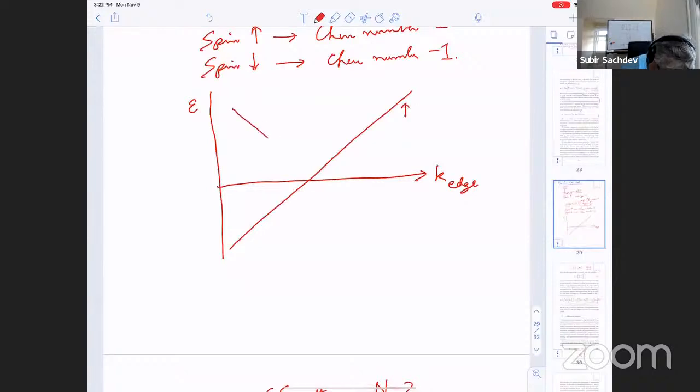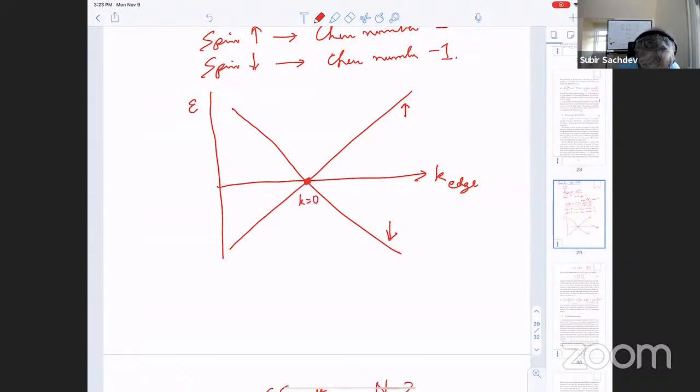And the down spin electrons have a dispersion this way, moving to the left. And all I'm saying is that the fact that they cross here is protected by time reversal symmetry. At this point, there's a doubly degenerate state at k equals 0.